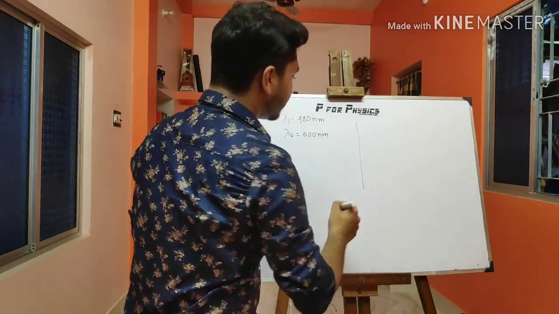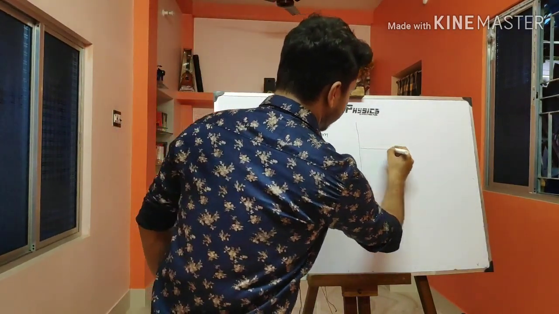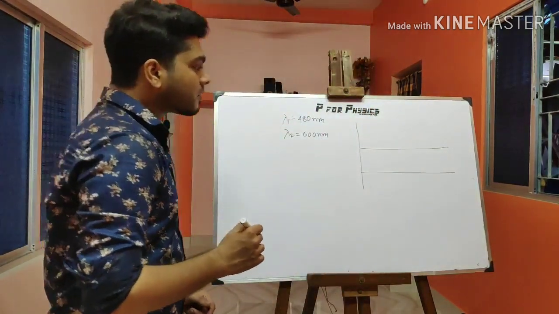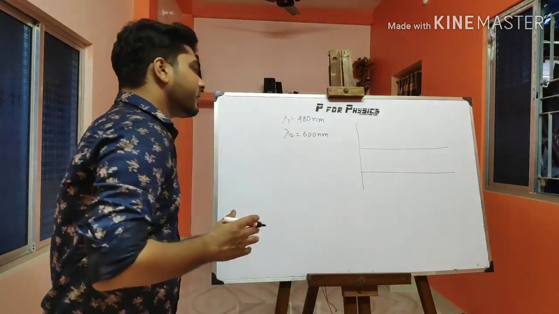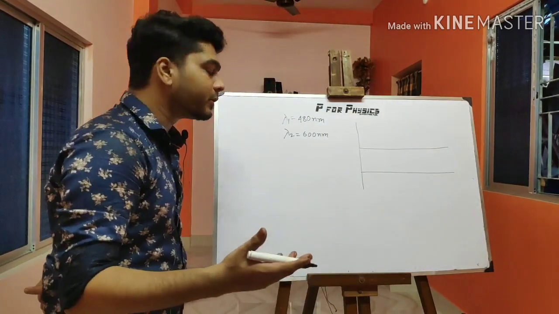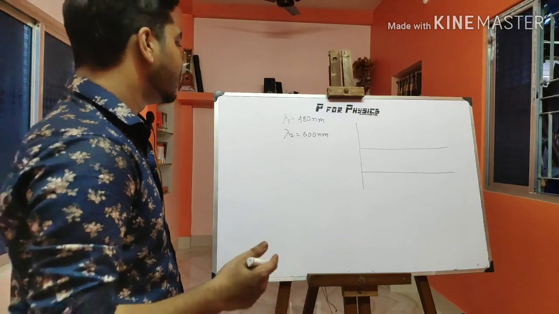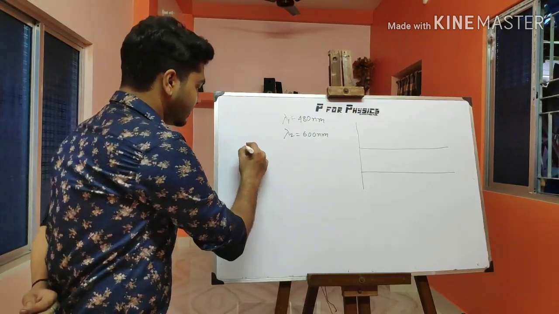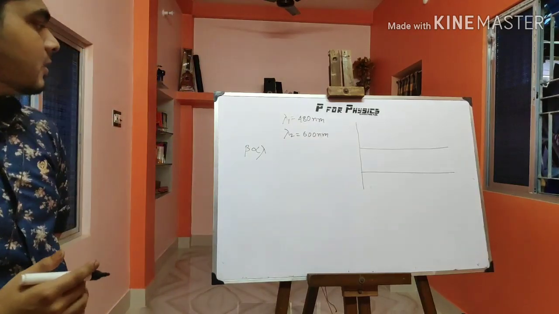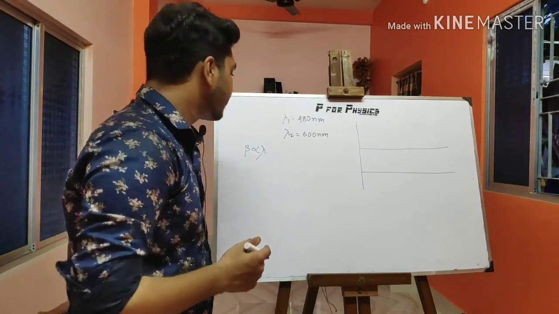If I draw the diagram, we should know that the central maxima of both the interference patterns would coincide, because the central maxima is always a maxima no matter what the wavelength is. Now the idea is this: beta is proportional to lambda, as we saw in the last problem.